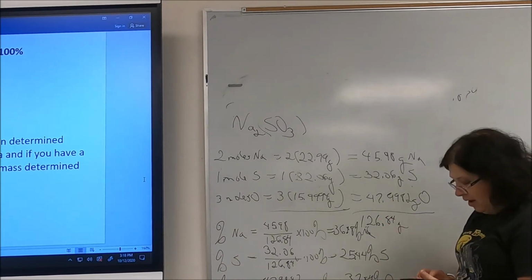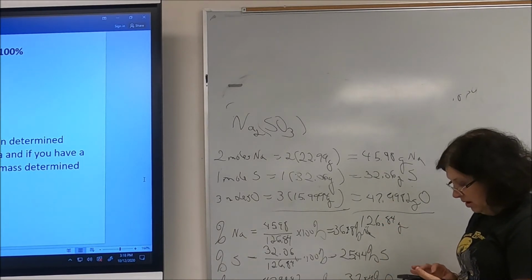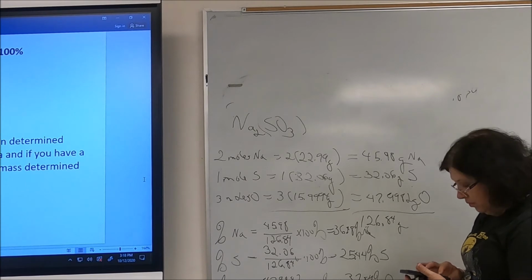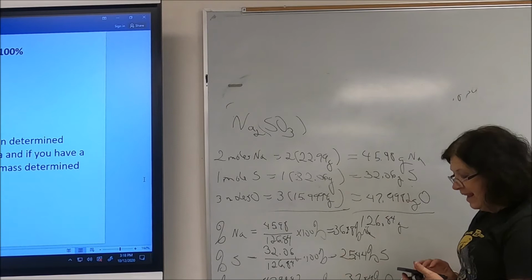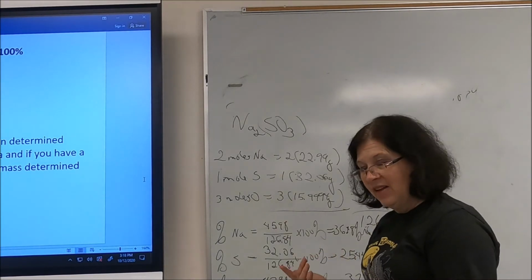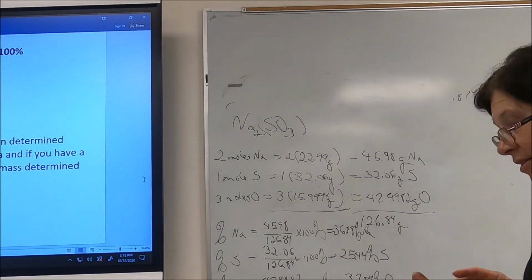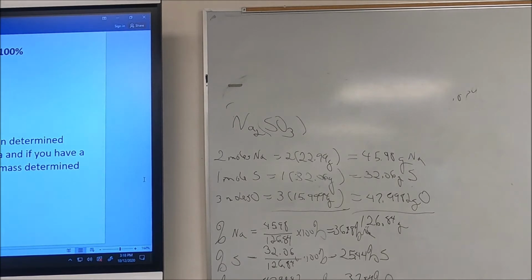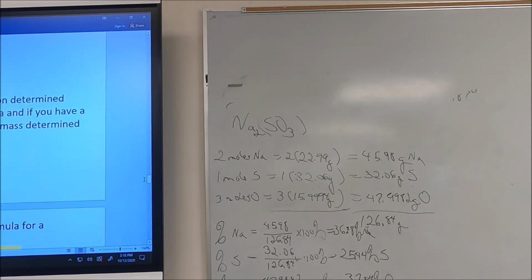If you add all those up, I get 99.76. That's okay. With rounding and things, that's expected. If you got something like 82%, you would know something was terribly wrong.